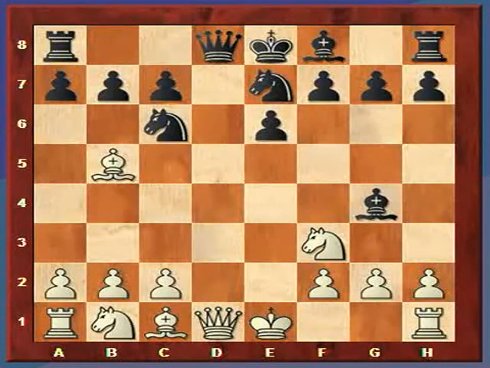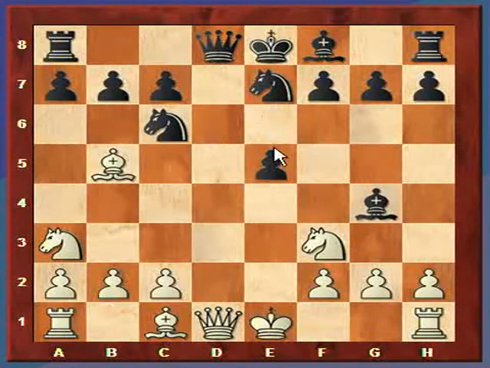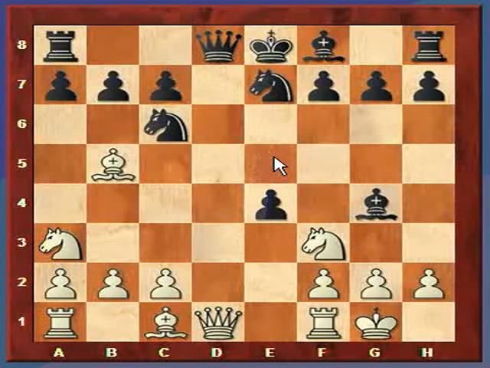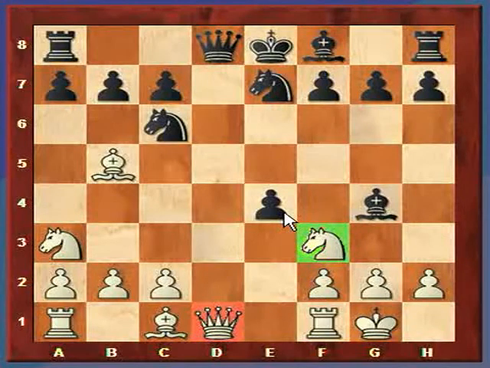Let's say white moved its knight to here, and then black moves its pawn up, and then white does a silly move like castling. Well, now we just move the pawn up. Now look at this. We don't want to move this knight because we'd lose the queen. And on the next move, this pawn is going to be able to capture this knight. So this is advancing a pawn, poking it, and capturing it.